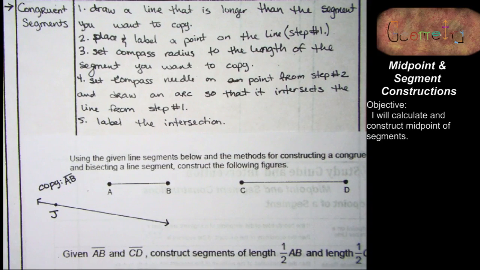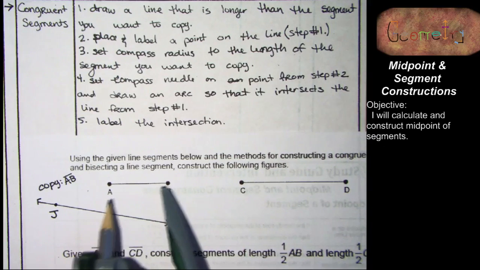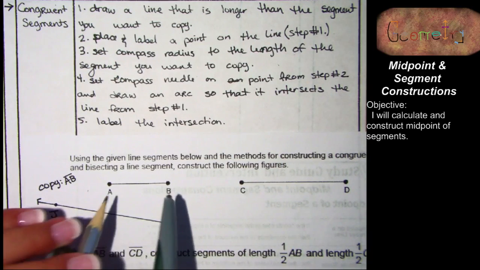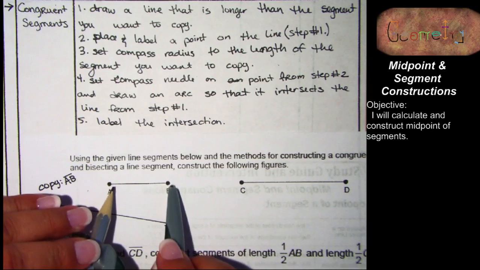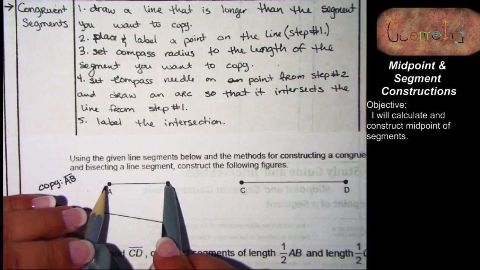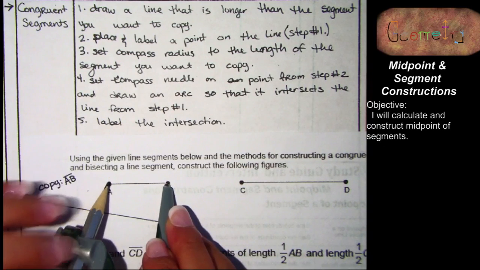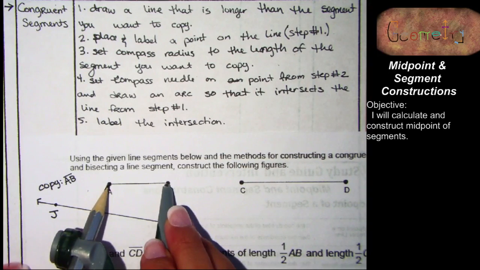Set compass radius to the length of the segment you want to copy. All right. Here's the segment that I want to copy, AB. So I'm following step number 3, and I'm going to set my radius. I'm going to move my legs open and closed until the needle's on one end point and my pencil's on the other end point.